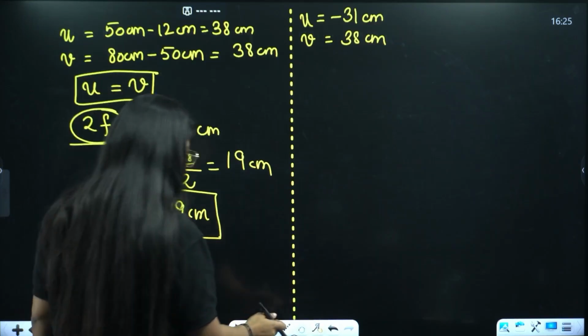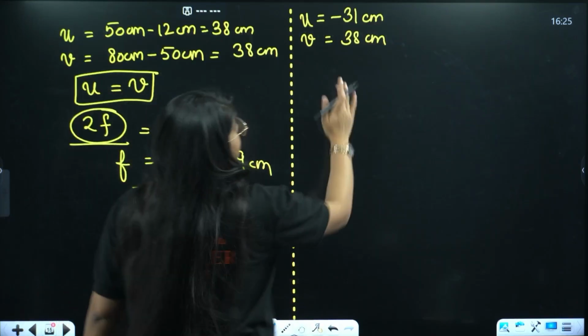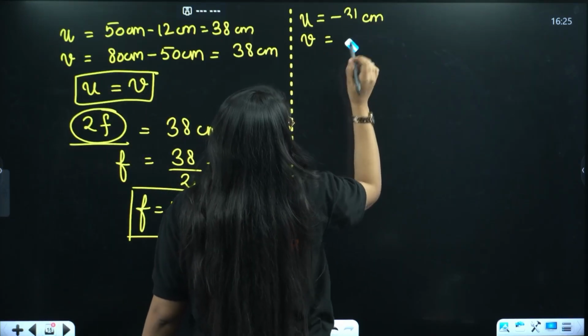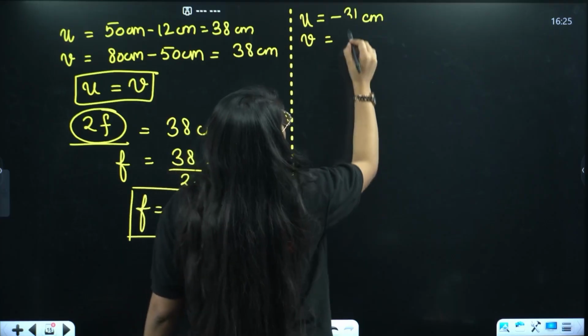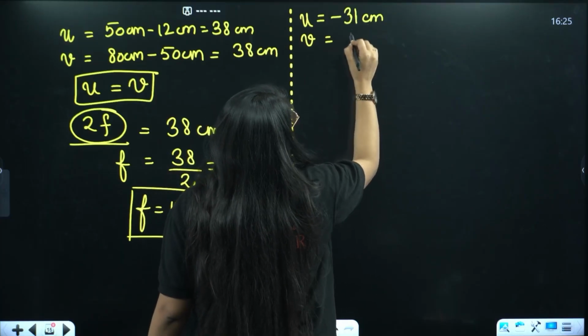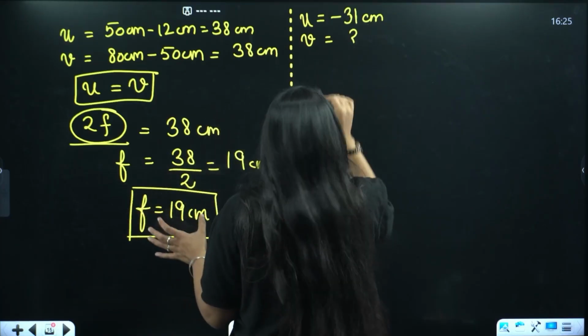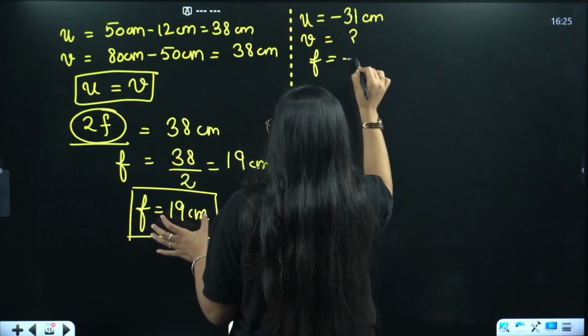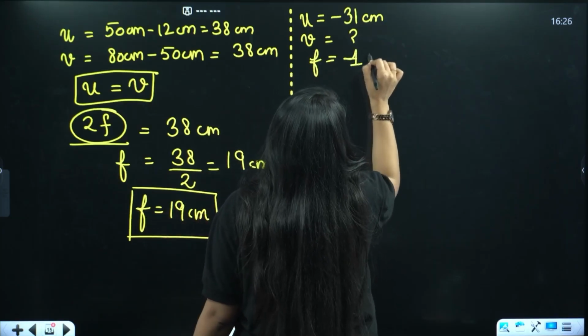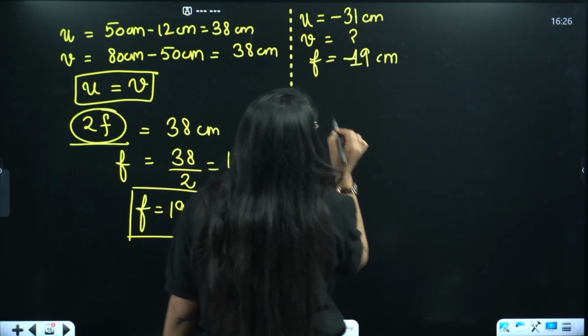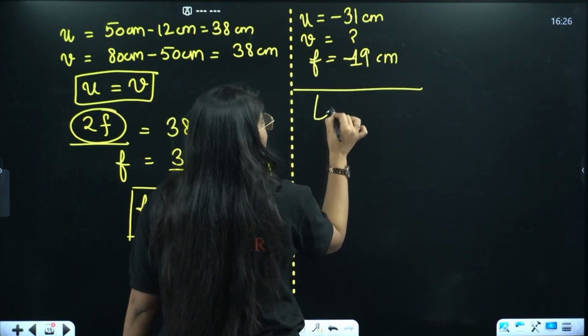So we have to actually find this image, of course. This is 31 centimeter. This we have to find. Focal length we already have. Focal length is 19 centimeter. Correct? So we'll just use lens formula.